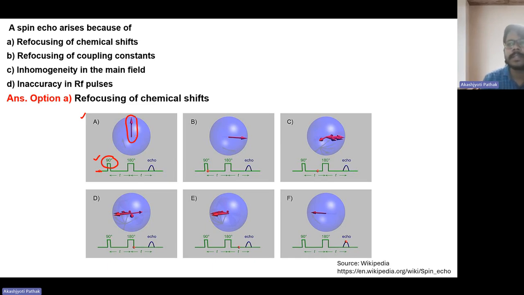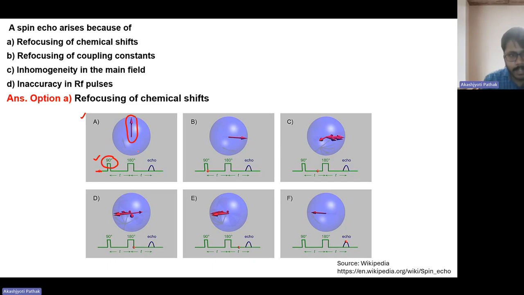Equilibrium state means when the external RF pulse has been removed and all the nuclear spins are influenced by the external magnetic field existing in the NMR spectroscopy instrument. Because of that, the nuclear spins orient themselves along the plus z axis, and the ensemble of all the nuclear spins has bulk magnetization oriented along the plus z axis.